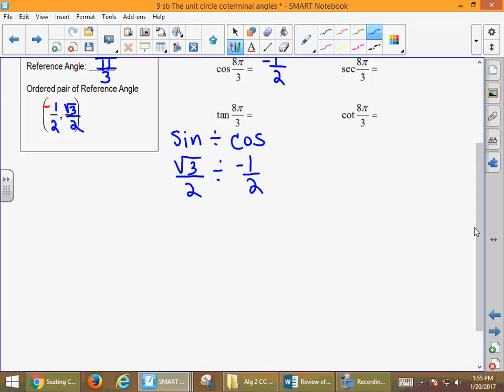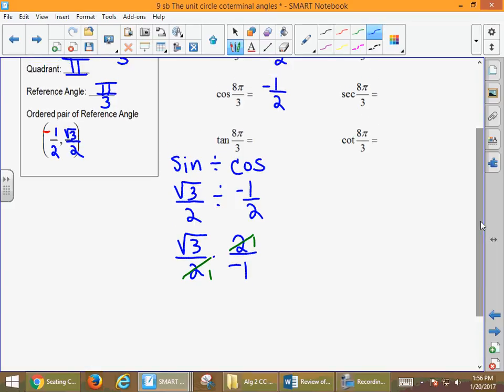So when we do that here, we get radical 3 over 2 times 2 over negative 1. The 2's cancel out. 2 divided by 2 is 1. We can multiply the tops together. Radical 3 times 1. 1 times negative 1. Which gives us radical 3 over negative 1, which maybe is best written as negative radical 3.